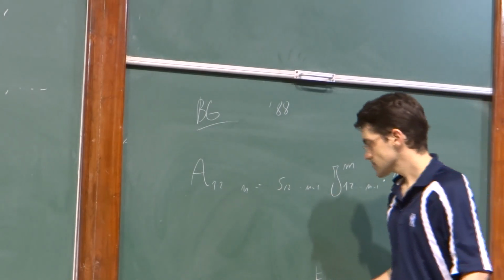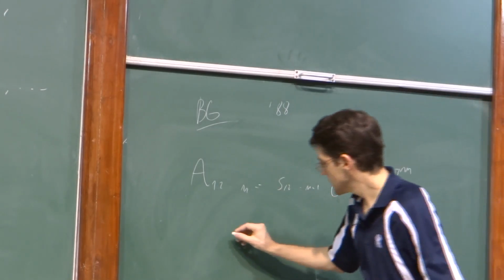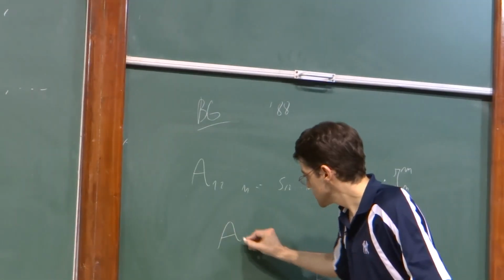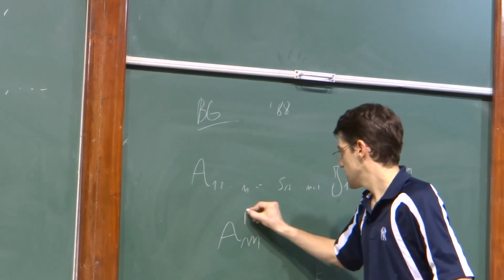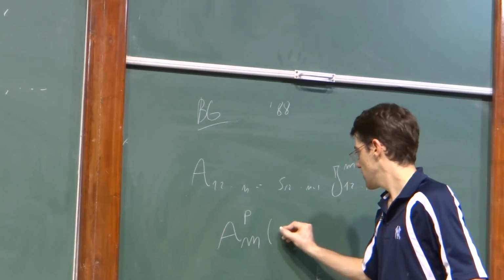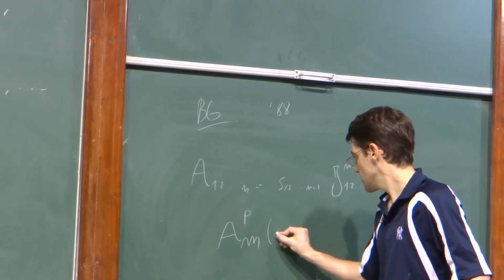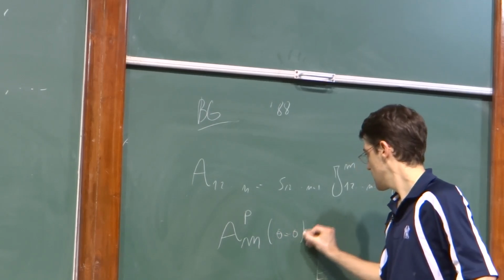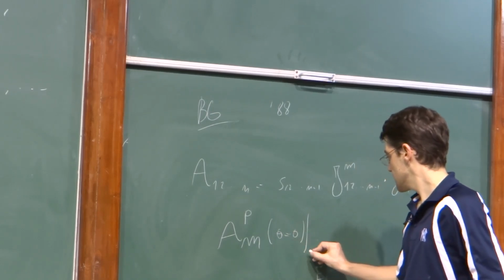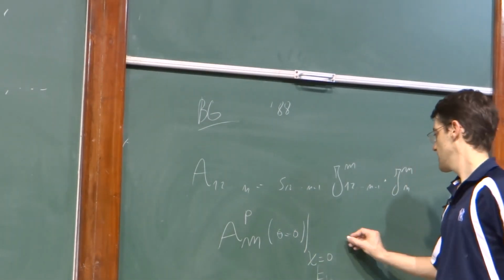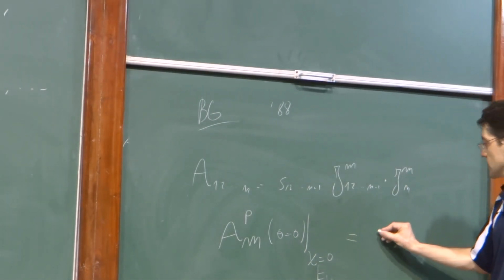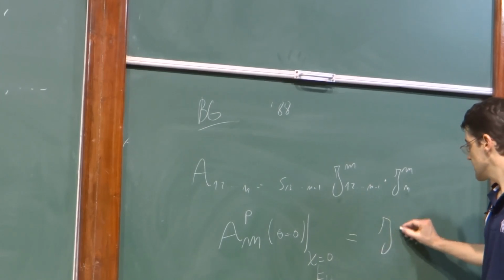And you can show that the super Yang-Mills superfield evaluated on theta equals 0, setting the fermions to 0, is equal to the current that they had.